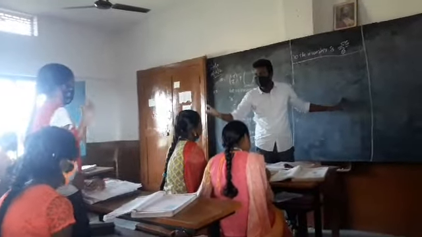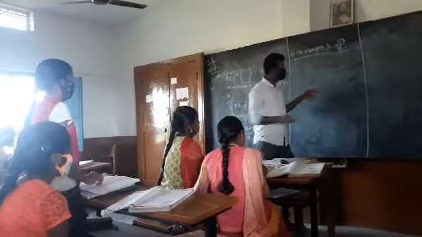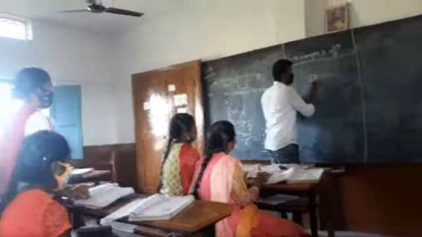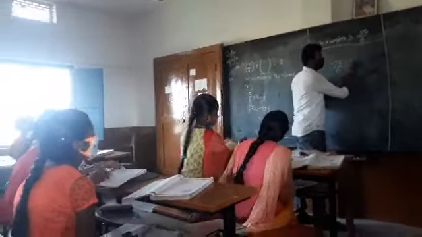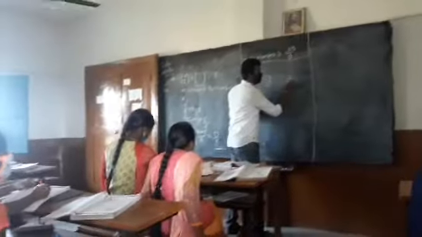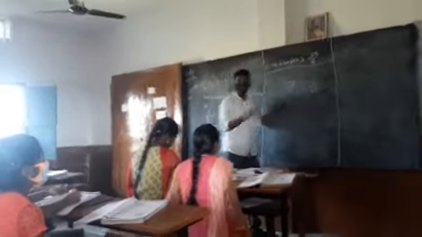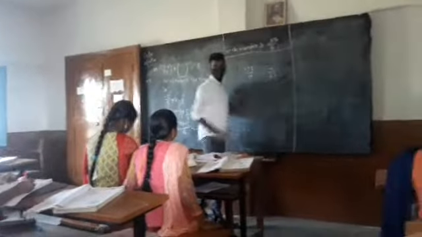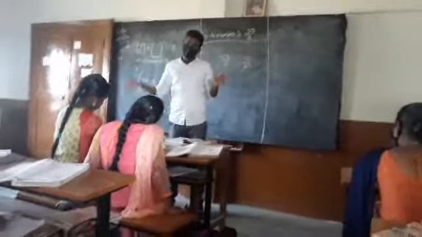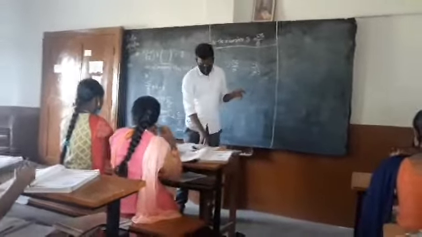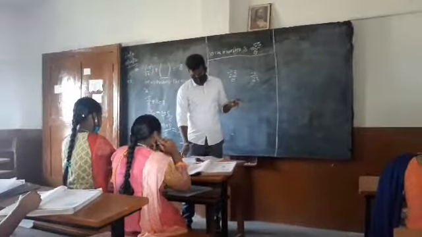Any fraction you say. Minus 23 by 6. Yes, minus 23 by 6. Reciprocal of this. Minus 6 by 23. So again I get a negative rational number. So, the reciprocal of a negative rational number will be a negative rational number. The middle one you will solve on your own.